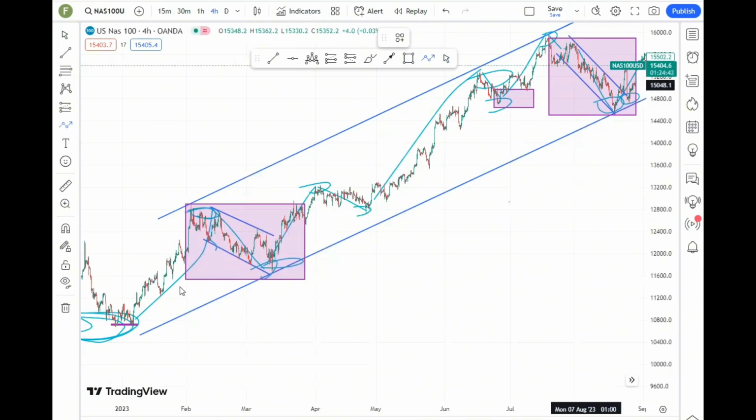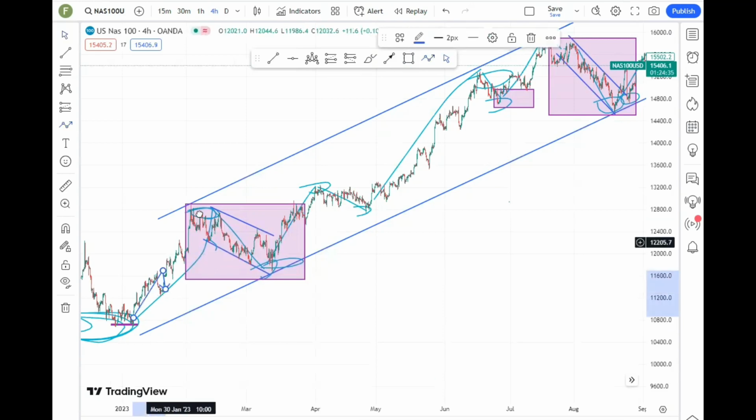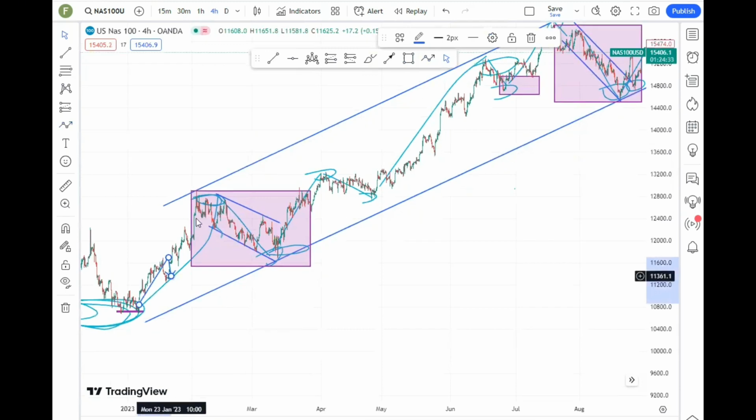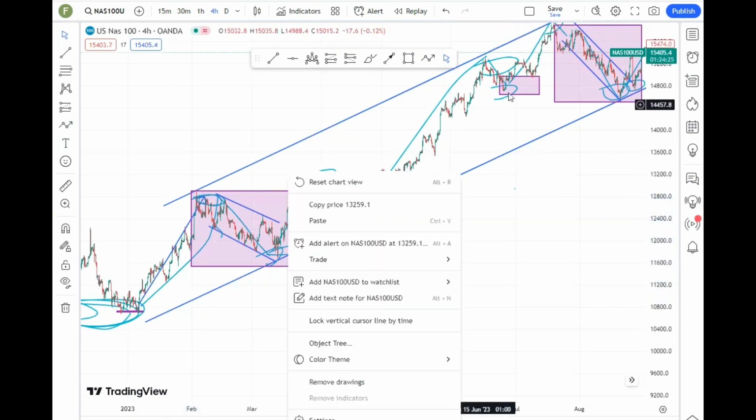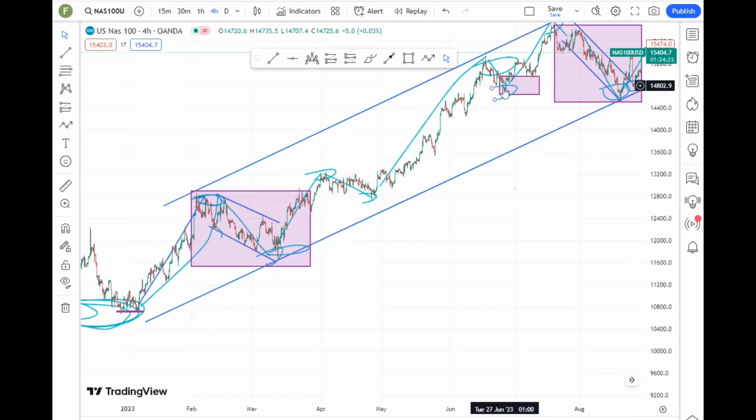Same applies to this one. This acted as a change of market structure to this new market structure. And the same movement which we have here, which led us to the new market structure, is the same as this one.